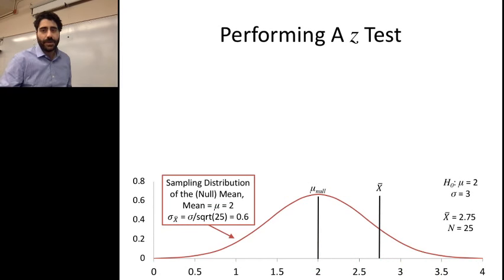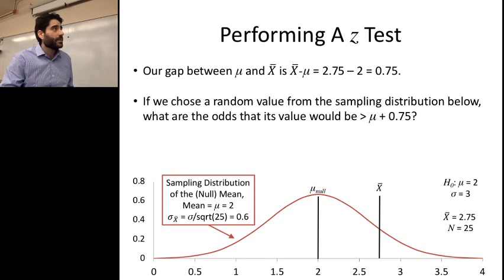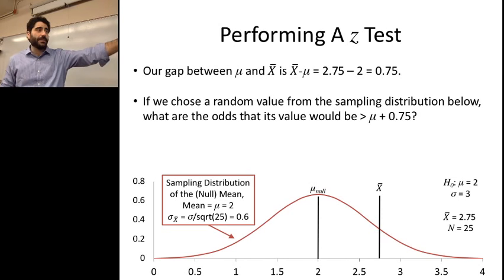Okay, so in this data here, we're 0.75 away from our null hypothesis, and so now what we need to compute is, in this distribution of the null sampling means, how often do they have means that are even bigger than 2.75?